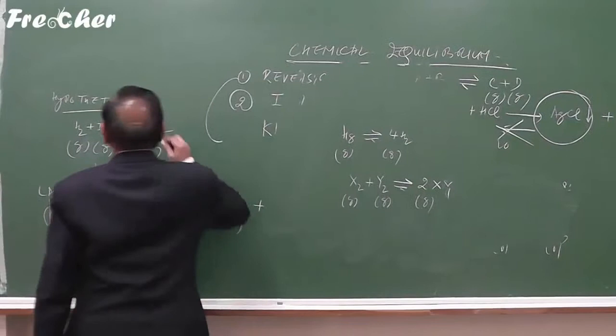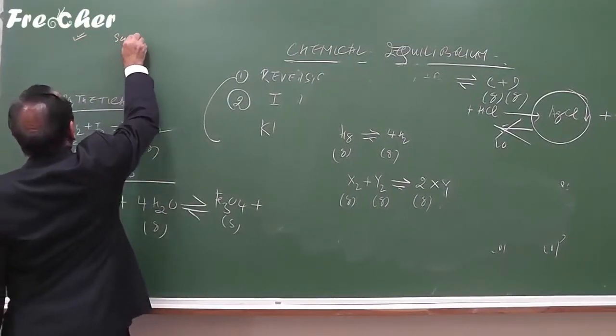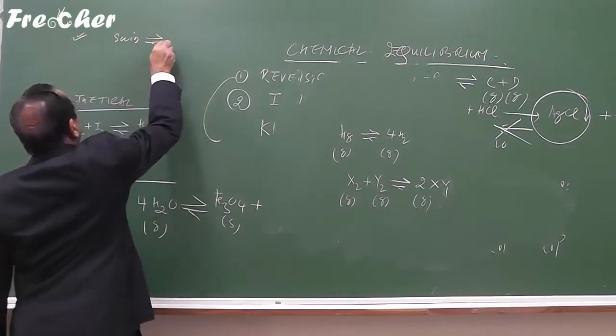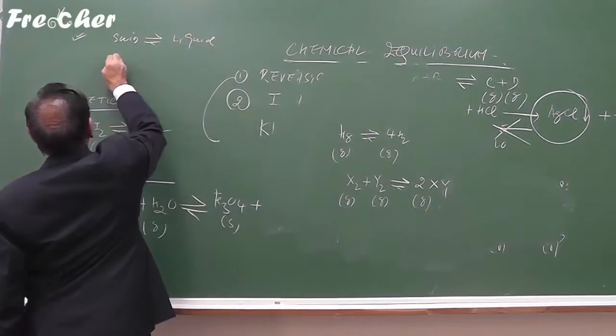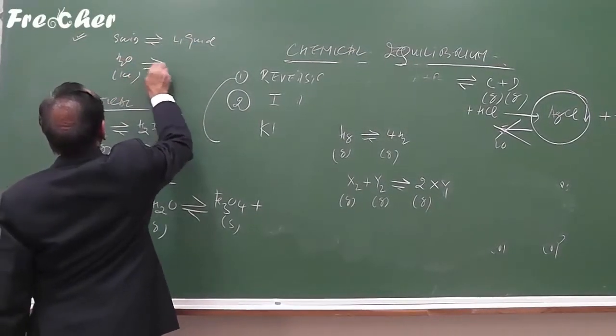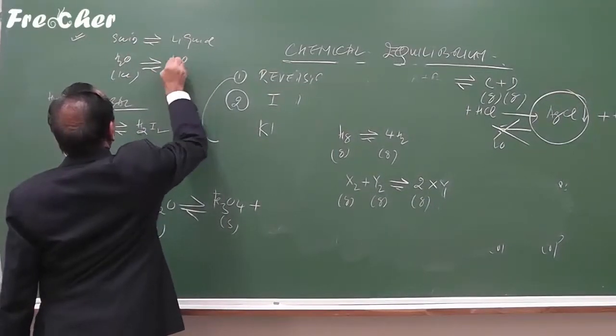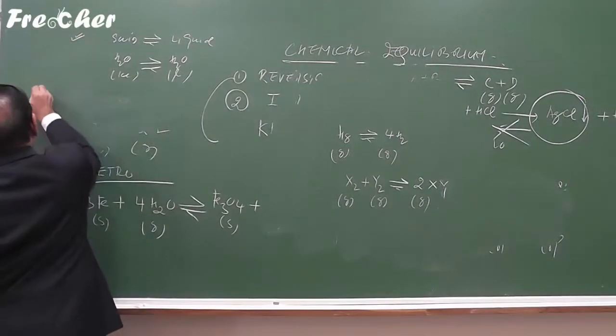Now, chemical equilibrium may be between solid and liquid. Just like you have ice reversibly with liquid. You may have allotropic forms also.